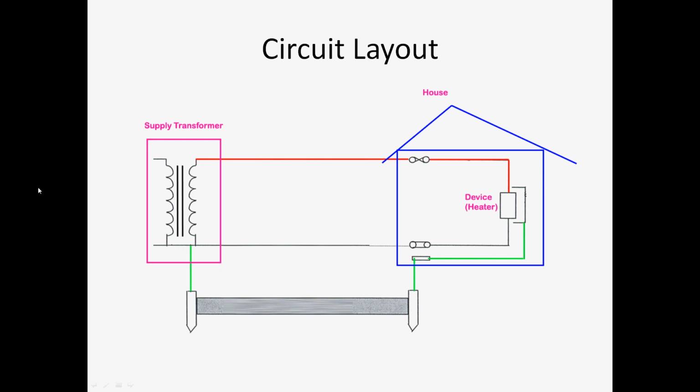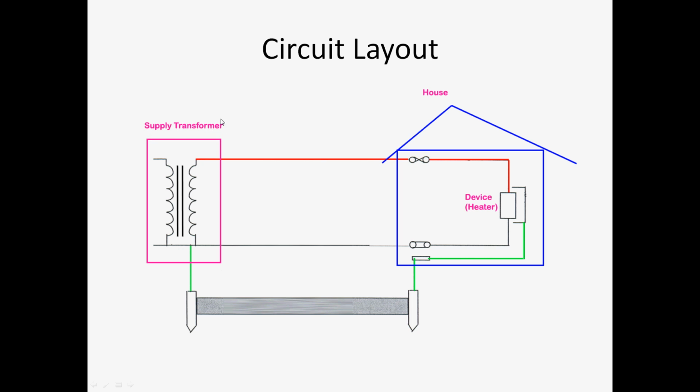You can see this is the circuit layout of a circuit that is protected. For example, this is the house where I am staying, and this is a device which I am using, like a heater or any other device. Basically, the supply comes from the supply company's transformer.